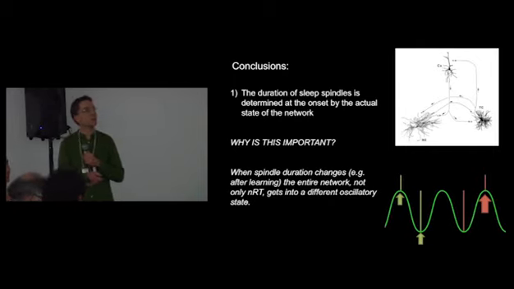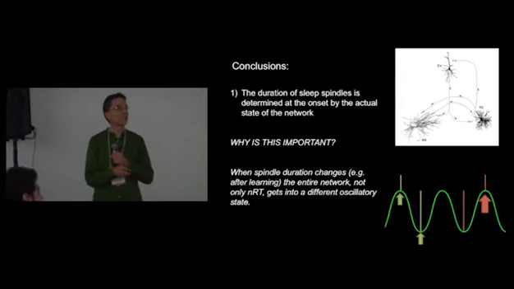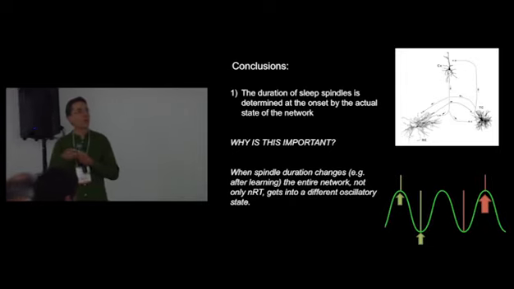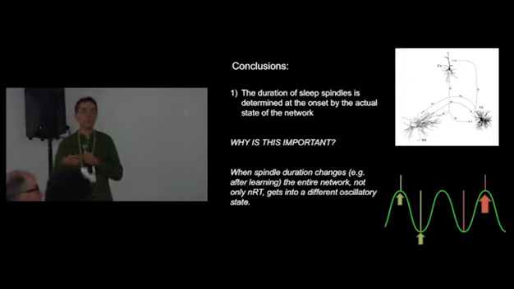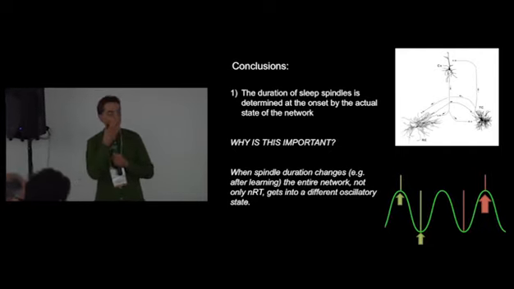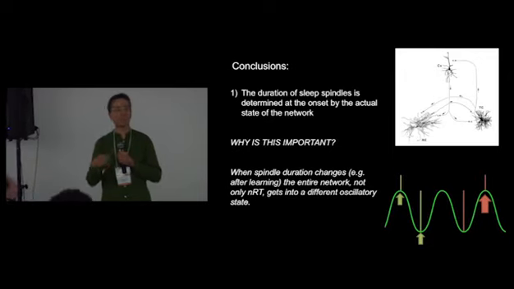And of course, why is this important? As I told you, the duration of spindles is quite dynamic. It changes a lot. When I learn something and I need longer spindles, it could be controlled by the activity of the NRT cells, but apparently this is not the case.